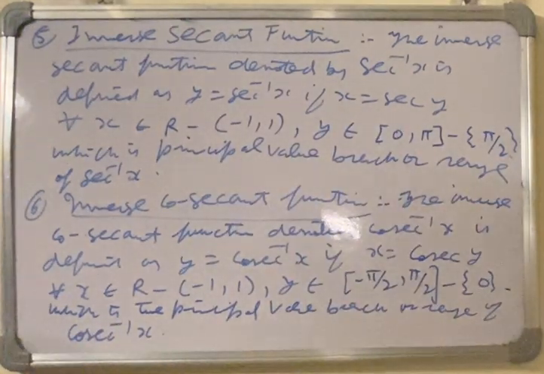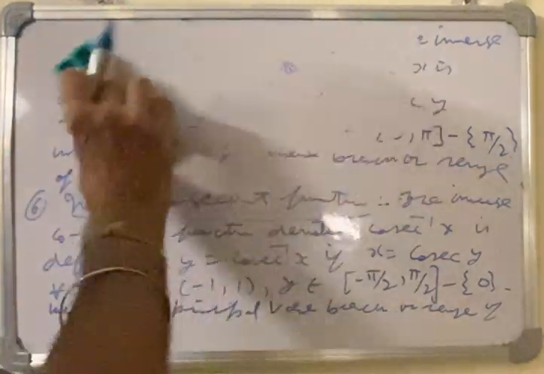So these are the definitions of 6 inverse trigonometric functions.